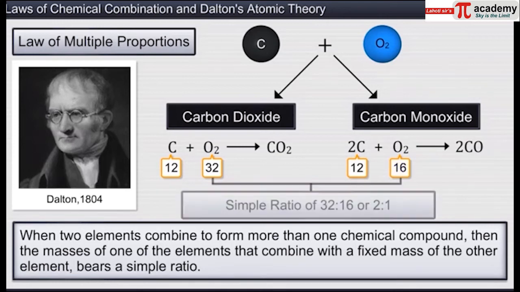These masses of oxygen bear a simple ratio of 32:16 or 2:1. In these reactions, a fixed amount of carbon is combining with multiple proportions of oxygen to form carbon dioxide and carbon monoxide.